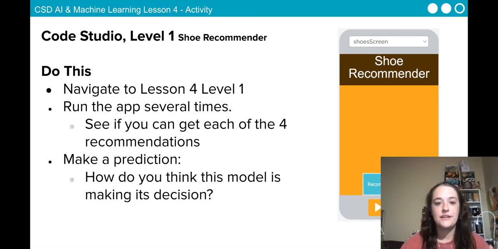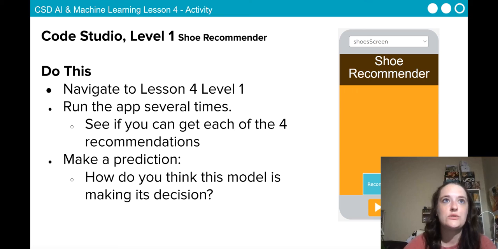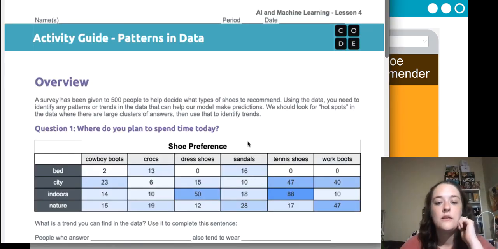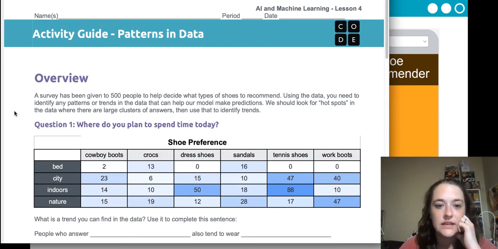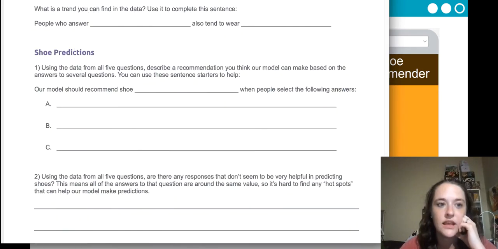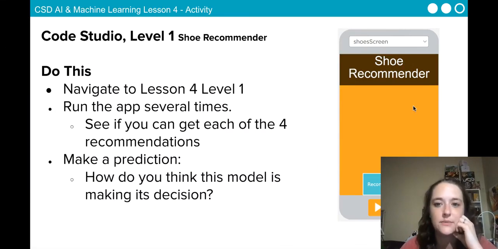See if you can get each of the 4 recommendations, and then make a prediction. How do you think this model is making its decision? We want to make sure that we can fill in the activity guide as we go. We haven't quite gotten to the activity guide yet, but this is what it looks like, and it'll make more sense in a minute.